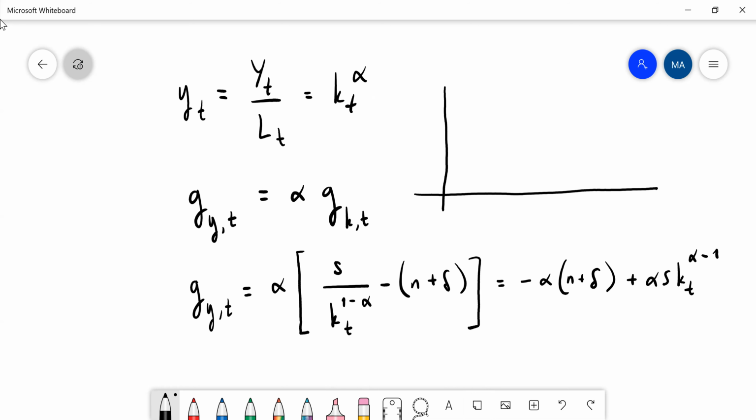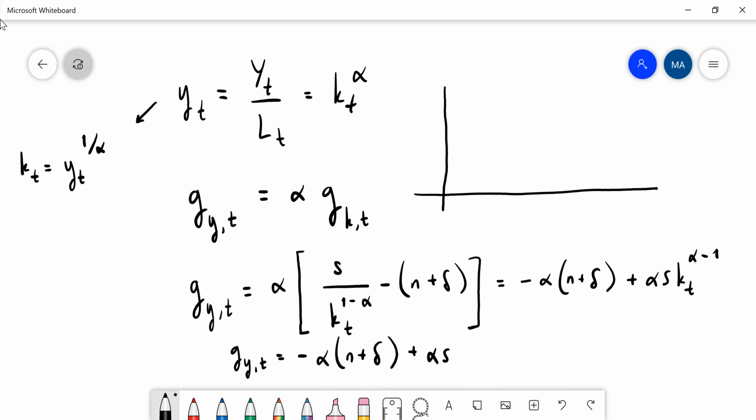Now, from this equation, you can write k_t as y_t to the 1 over alpha. So you can write the growth rate in this way: minus alpha times n plus delta, plus alpha s.